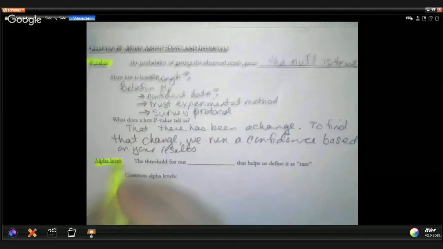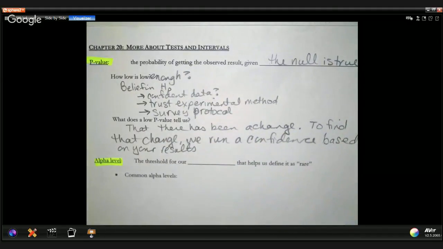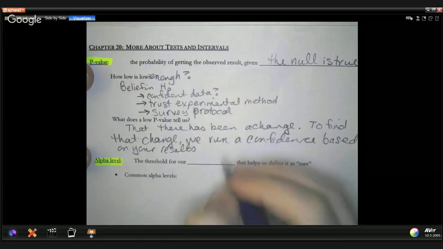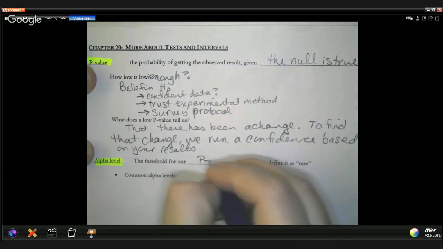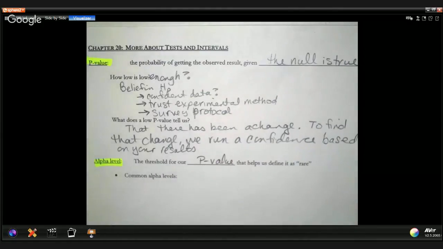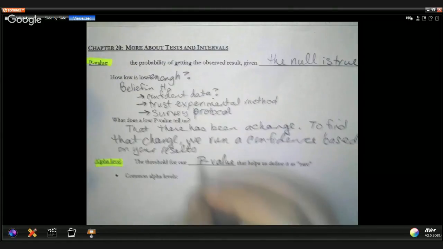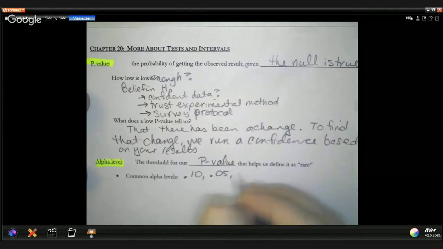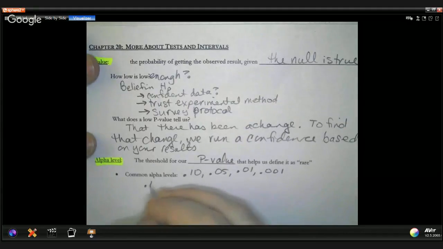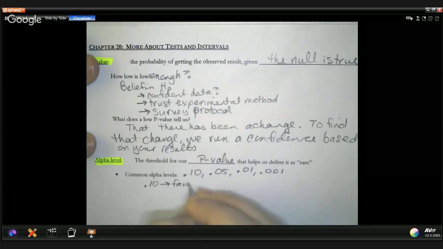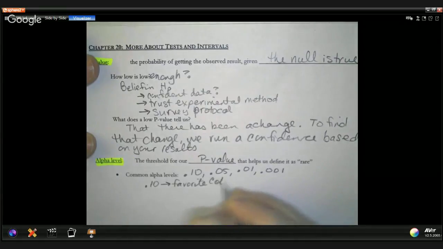Now, there's something called an alpha level. And what an alpha level does is it's kind of the threshold for you to set ahead of time for the p-value. The most common ones you're going to see are going to be 0.1, 0.05, 0.01, and 0.001. And so a good way to think about it, a 0.1 is not very important. Maybe you're asking about your favorite pizza topping or your favorite color.